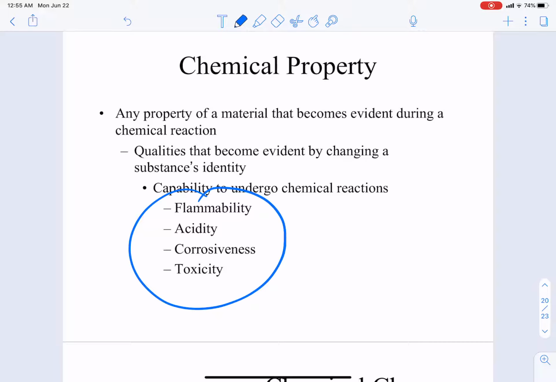And probably the easiest one to understand is flammability. If you want to see if something's flammable, you have to do what to it? You have to light it on fire. And once you burn it, it's going to be something different than you had originally.